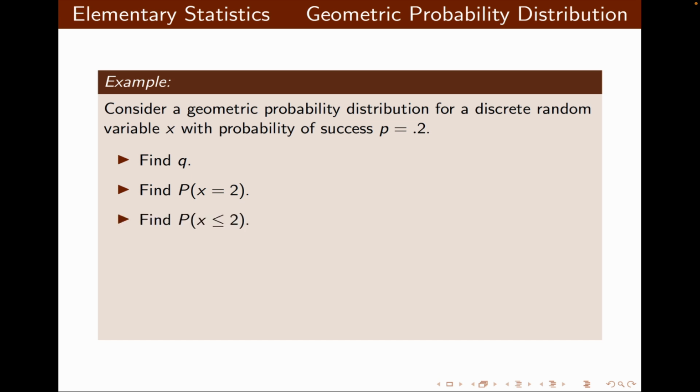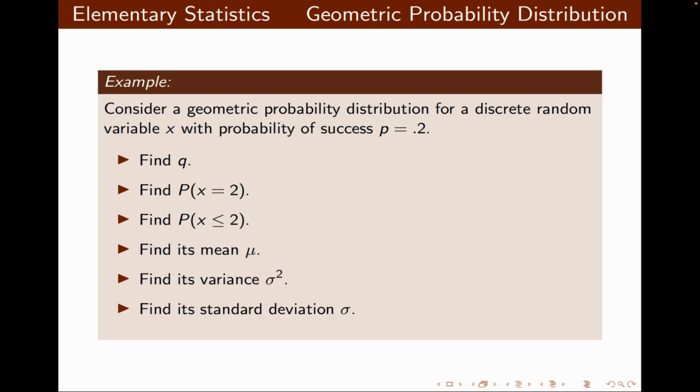We want to find the probability that x is less than or equal to 2, meaning that the first success could happen on the second trial or on the first trial. We want to find the mean, mu, the variance, sigma squared, and the standard deviation, sigma.